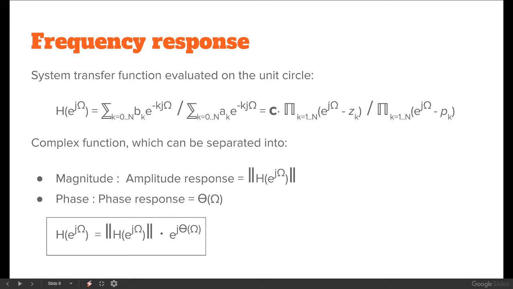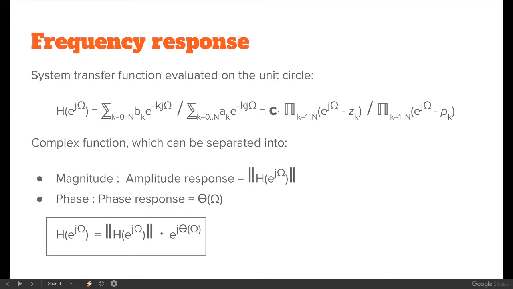Same way as in analog systems, where you have the positive and negative imaginary axis, it's a mirror image. Same thing here. It's always a mirror image against the real axis. Okay.